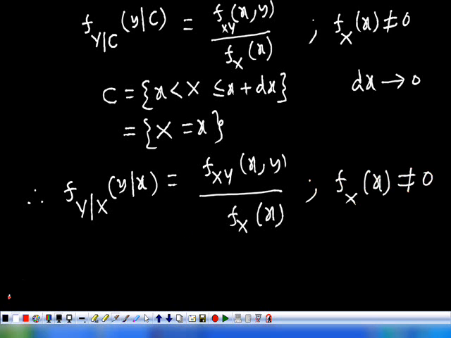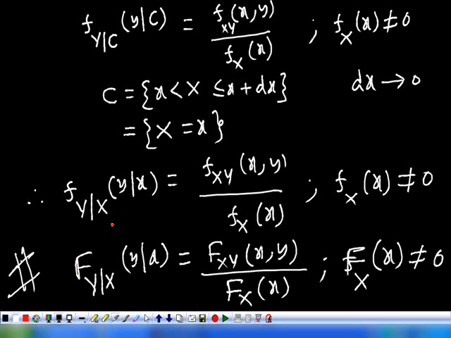So this equation is similar to the one we already derived. The density function of Y given X equal to x. Follow?